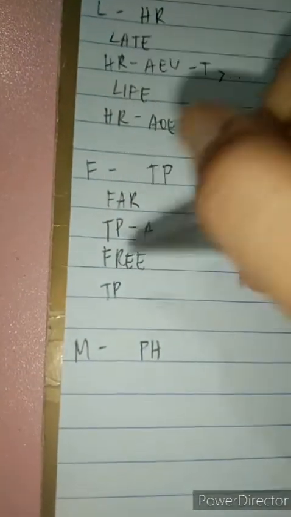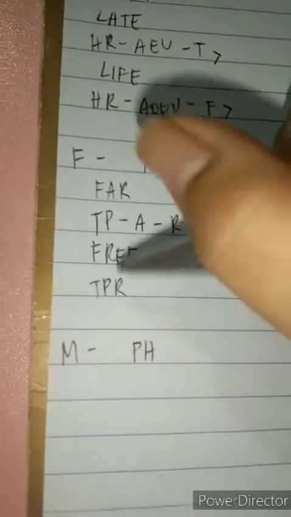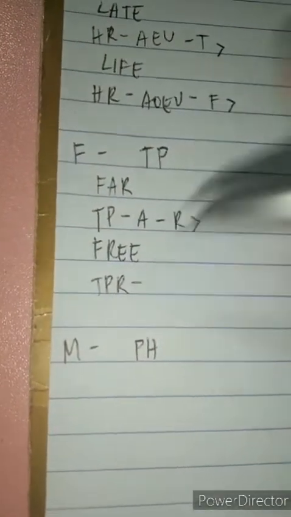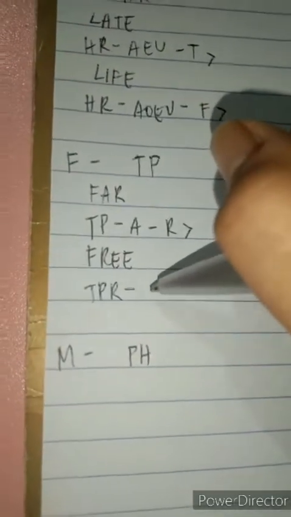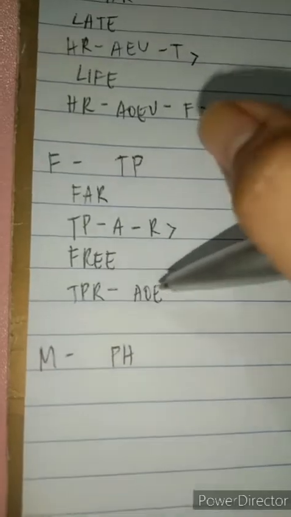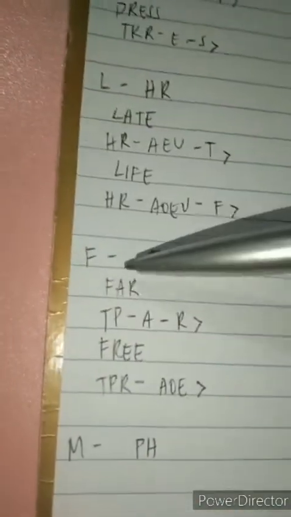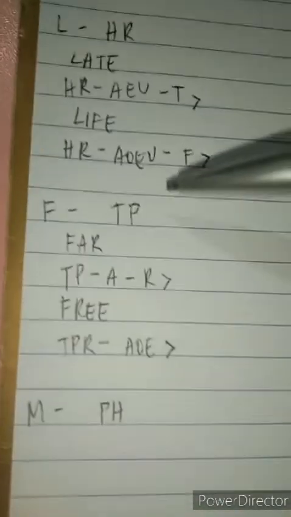So, TP, and then R. Since there is an R on the steno machine, we write the R, and then, long E, AOE. This is the code of long E, AOE, and then, release. So, again, F is represented by TP.